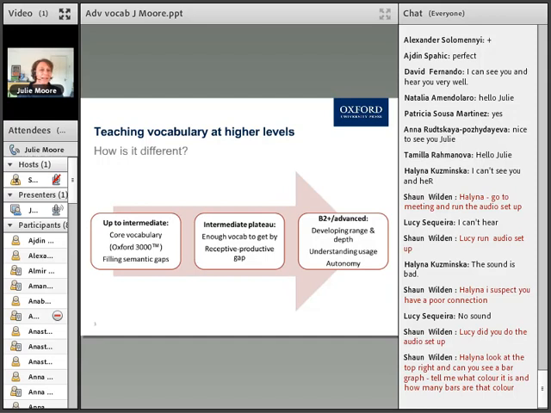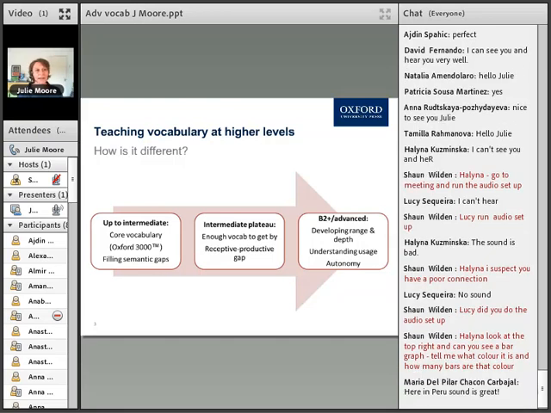Now, that's not to say that they're not learning new words, but they tend to be learning words for receptive use. So that means they come across new words that they check the meaning of, and they understand them when they see them again, when they read them or when they hear them, but they don't necessarily start to use them productively.